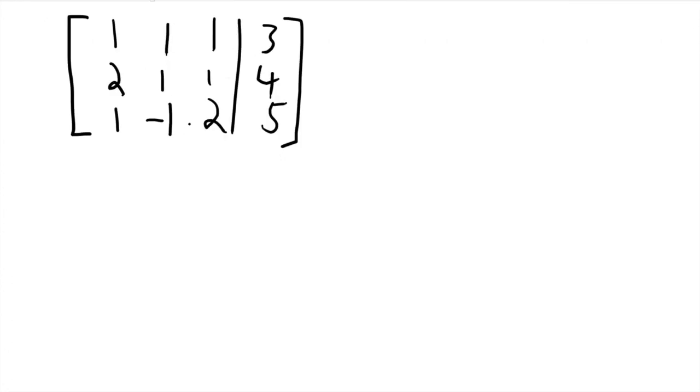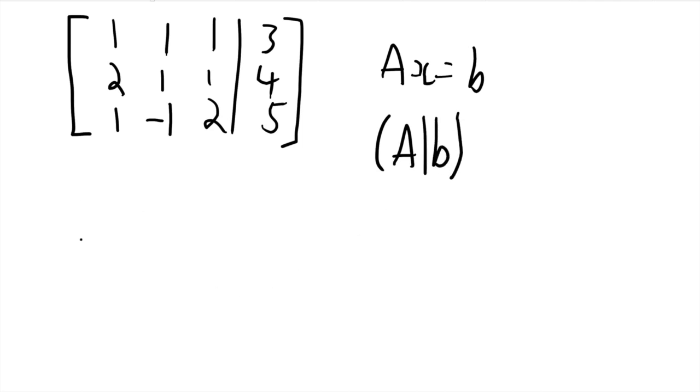Okay, so we are now going to perform Gaussian elimination on this augmented matrix. And by the way, if we have an equation Ax equals b, where A is a matrix and b is a vector, the augmented matrix would be written as (A | b), just like this. So the first thing we're going to do is look for the leftmost column that is not all zeros.